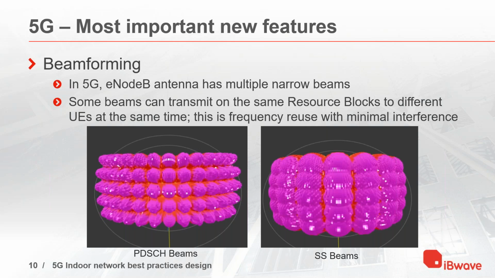not all those beams are created equal. It is not obvious from this picture, but the beams that are directly in the broadside, which is the center of this radiation pattern, are narrower and have smaller side lobes than the ones toward the edge of this sector. This is a 120-degree sector, and those at the edge are wider and have higher side lobes than the one in the center, right?